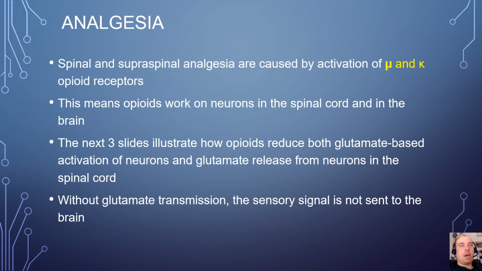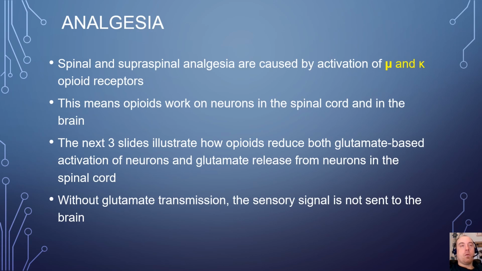So now I'm going to break it down into each effect, for the most part in the same sequence that we just talked about. So analgesia is the pain relief. Spinal and supraspinal, meaning in the actual brain, there is supraspinal. Those analgesia effects are caused by activation of mu and kappa, again, mostly mu. This means opioids work on neurons in the spinal cord and in the brain. Okay, and the next few slides will illustrate exactly how opioids reduce glutamate-based activation of neurons and glutamate release from neurons in the spinal cord.